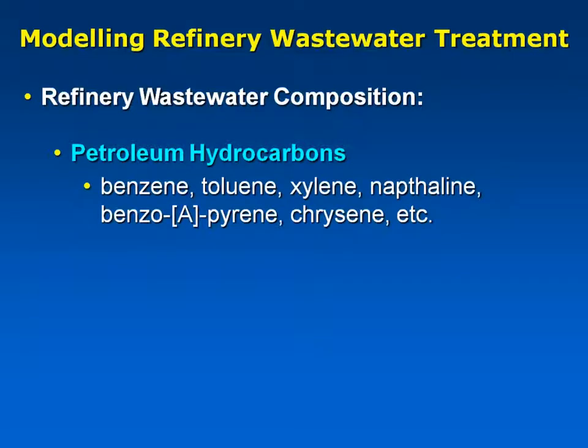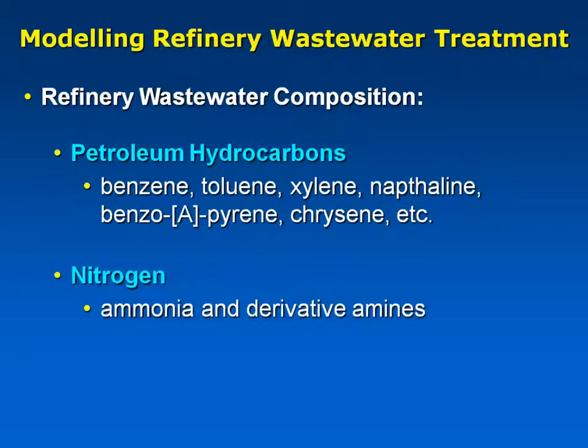So as far as refinery wastewater goes, the components that you could come across there include petroleum hydrocarbons, benzene, toluene, and so forth, benzo[a]pyrene, chrysene, and so forth. And these all have varying levels of biodegradability, varying levels of hydrophobicity, and therefore can take different pathways through your wastewater treatment plant.